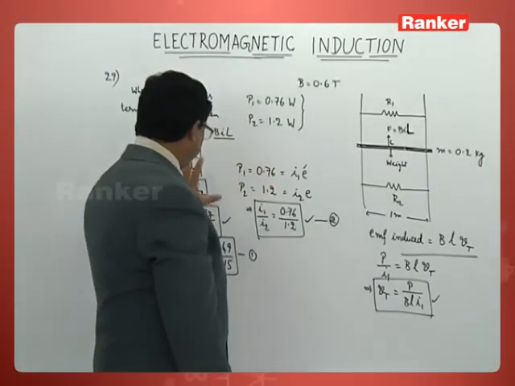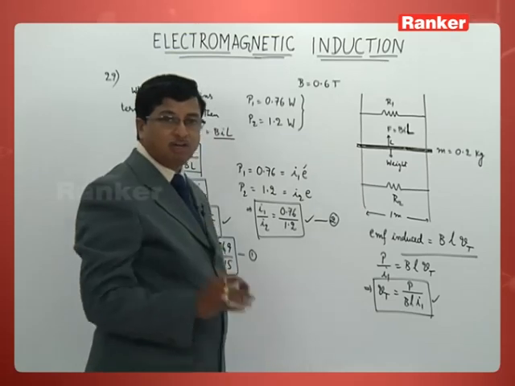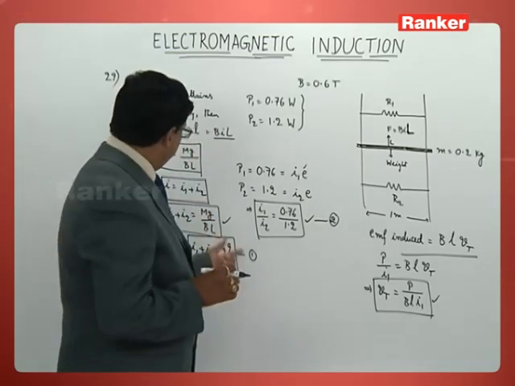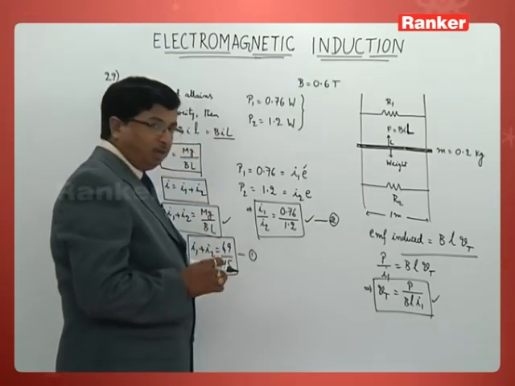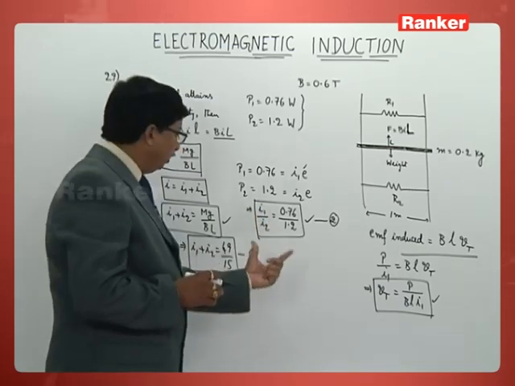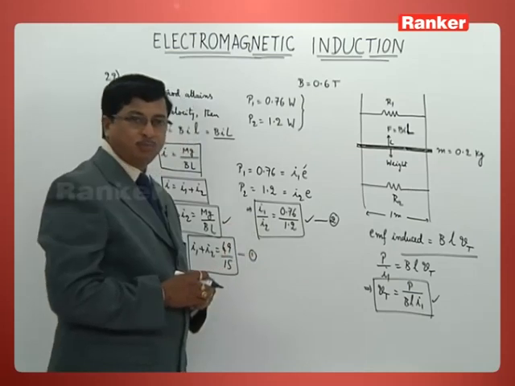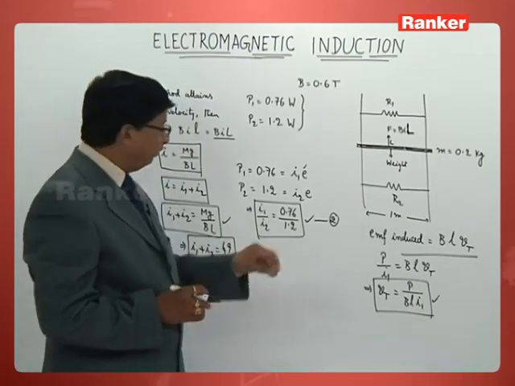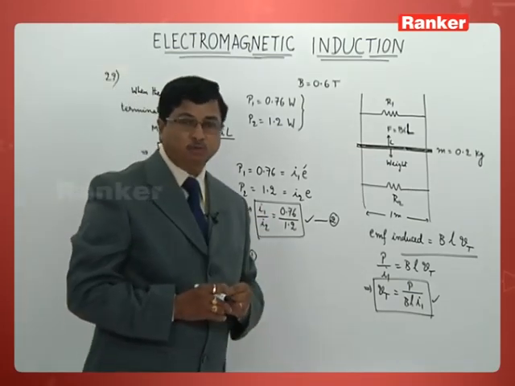So what are the 3 points you have to understand? Look carefully once again. I1 plus I2 we have got, I1 by I2 we have got. If you directly simplify these two, you will get the values of I1 and I2 first.